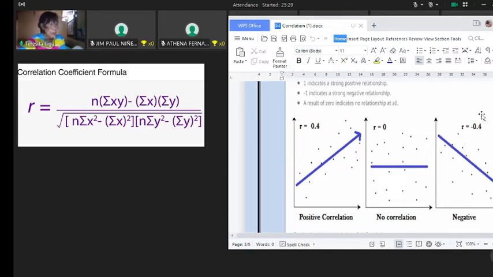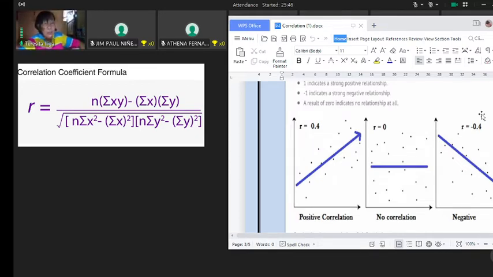And when you analyze the value of the correlation that you will get, remember that your r value will be in a range between -1 and 1.